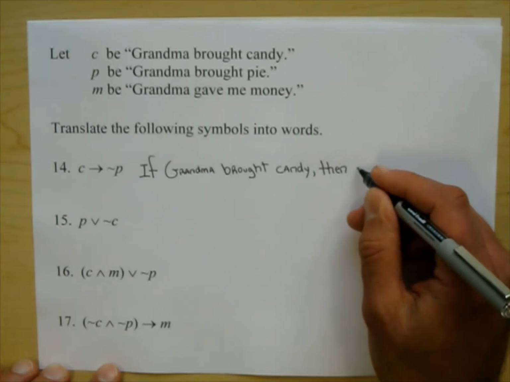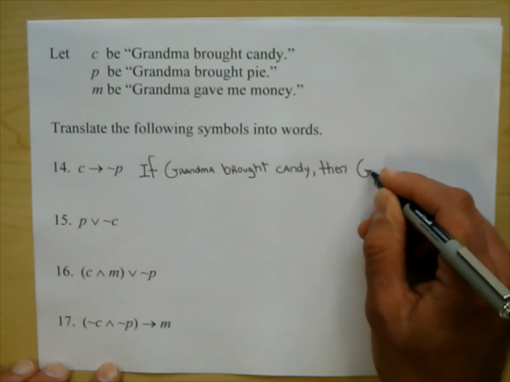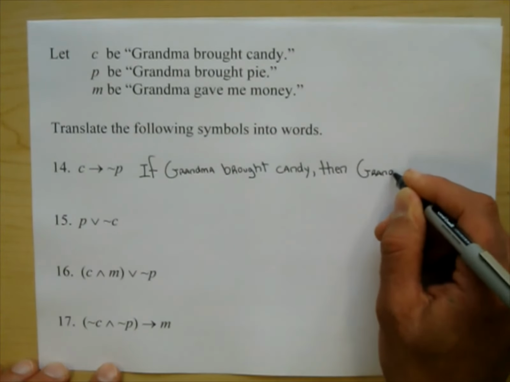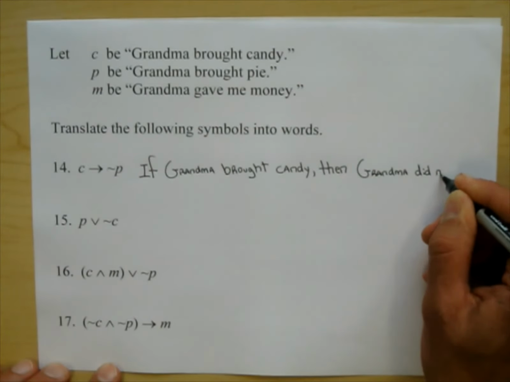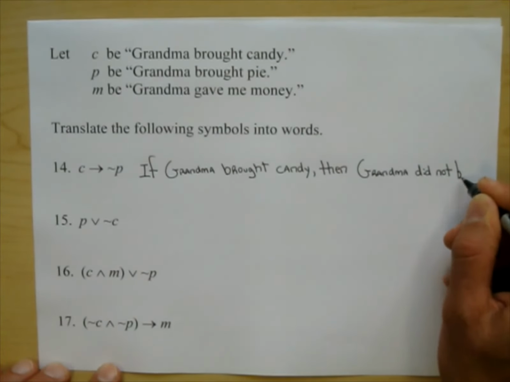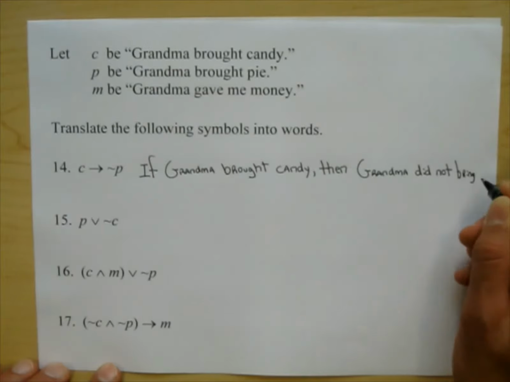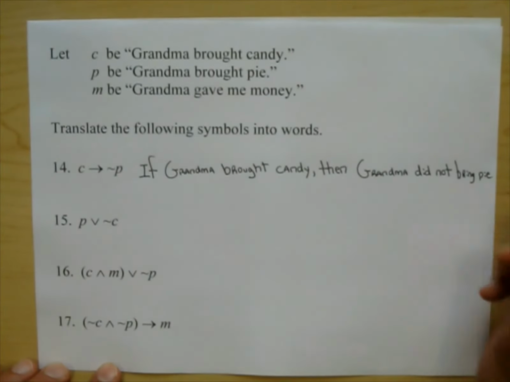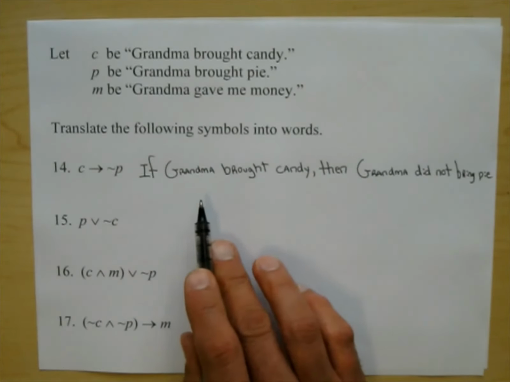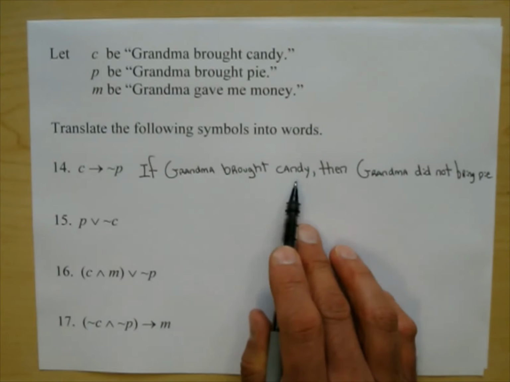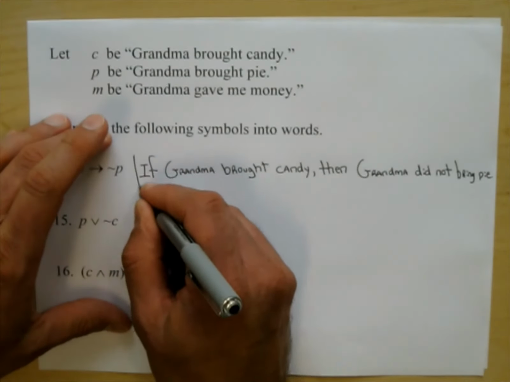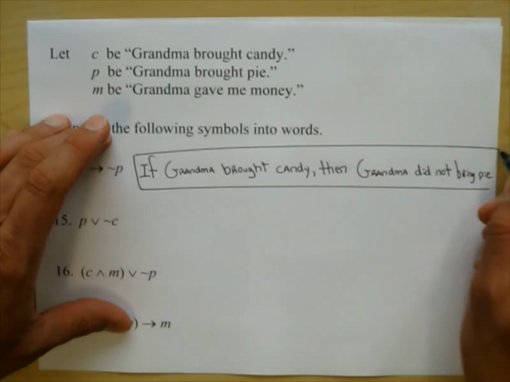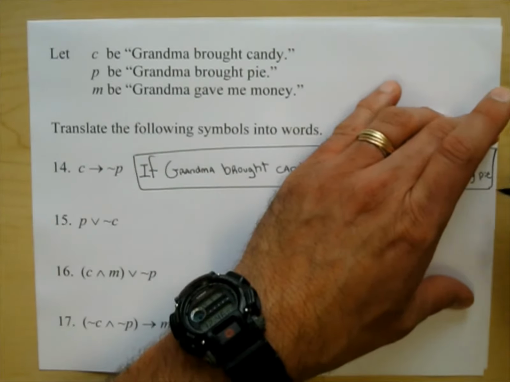We're going to say Grandma did not bring pie. Do you think I can fit it on this paper? I think I can. There it is. So if Grandma brought candy, then Grandma did not bring pie. There's my answer. I'll box it.